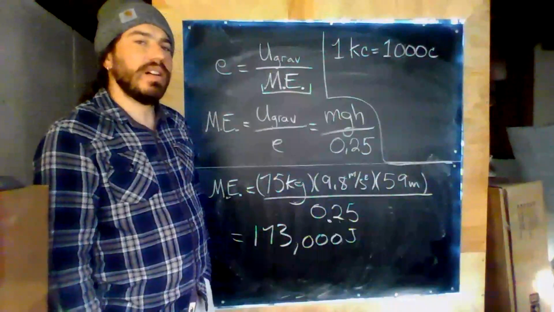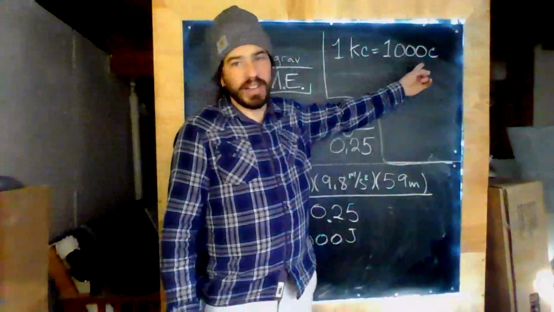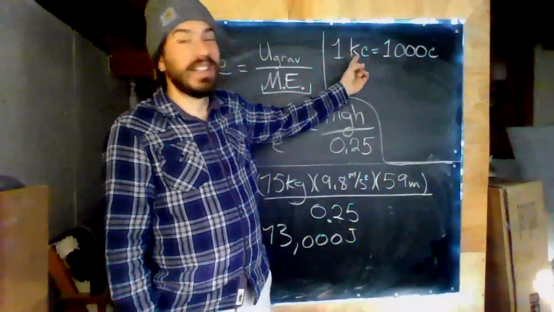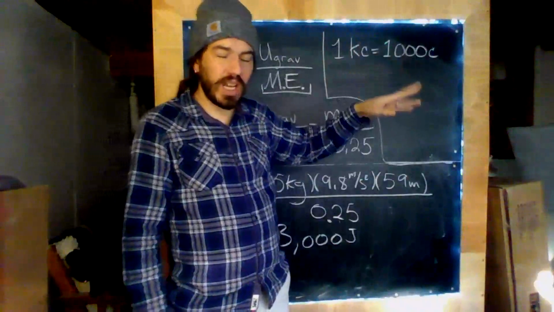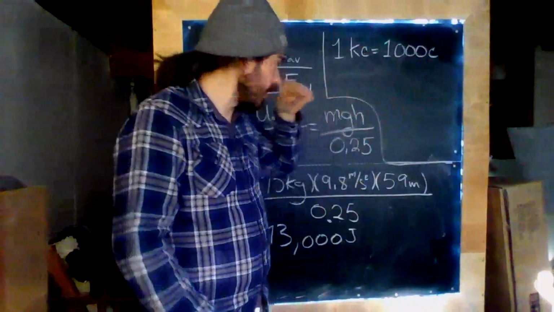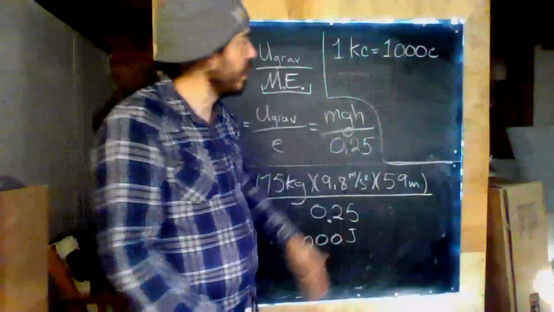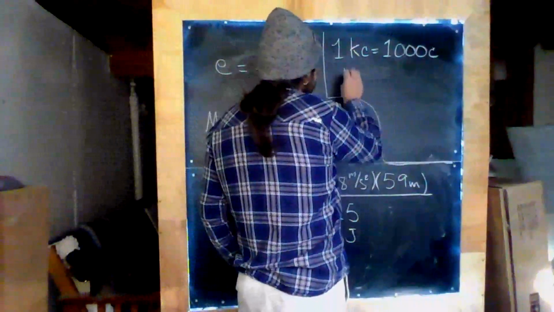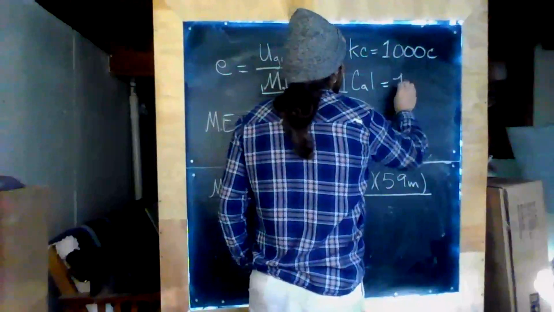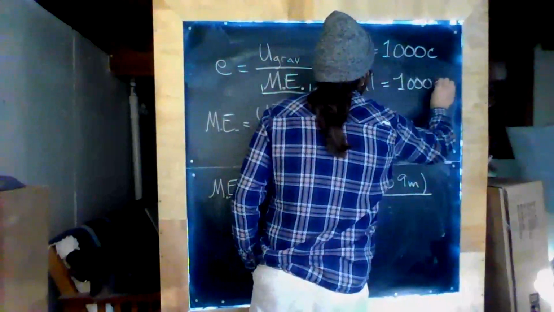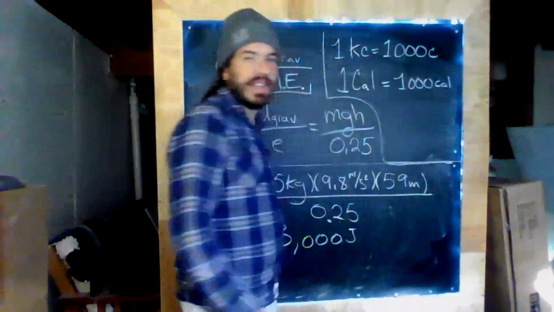But those calories that are on your package of food, they're not these calories. They're actually kilocalories. And there's this convention that we use that's just a horrible convention, but it's what we're stuck with. So it turns out that people call this 1 calorie with a big C, and that equals 1,000 calories with a little c. Oh boy.